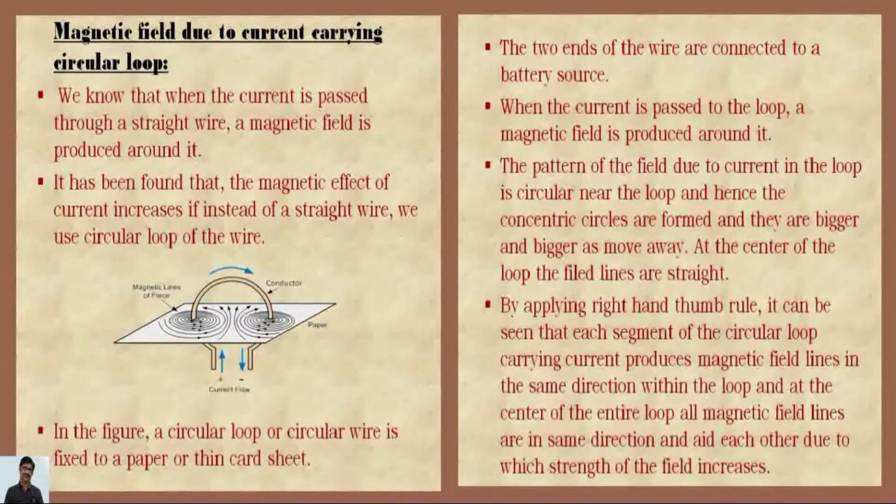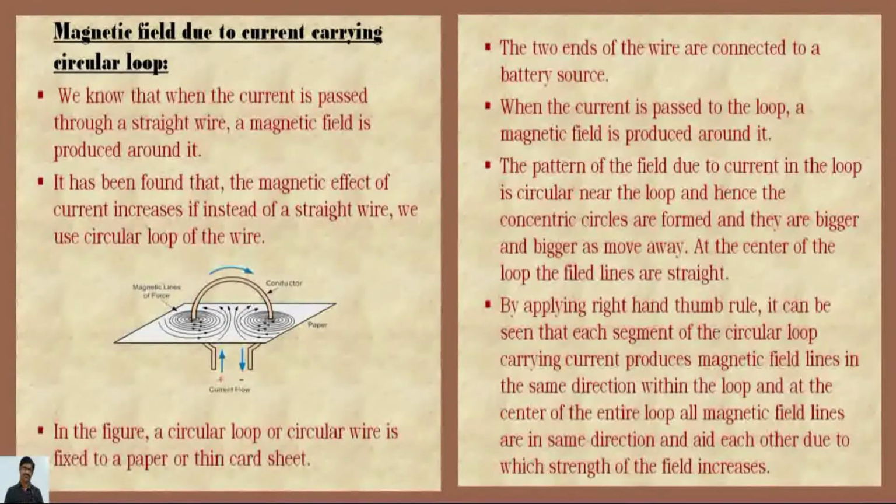The two ends of the wire are connected to the battery source where you are getting the electric current. When that current is passed through the loop, a magnetic field is produced around it. This is already known, that whenever you carry current through a conducting wire, it produces a magnetic field around it.